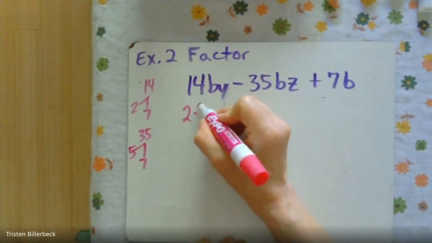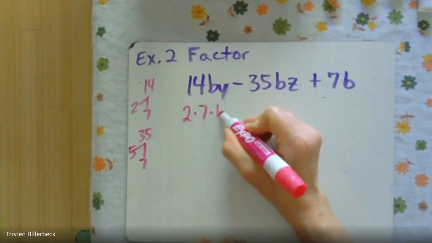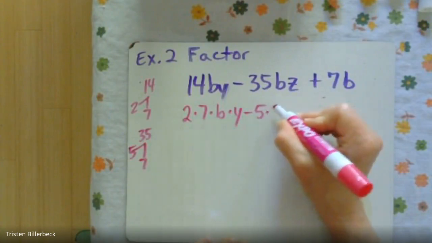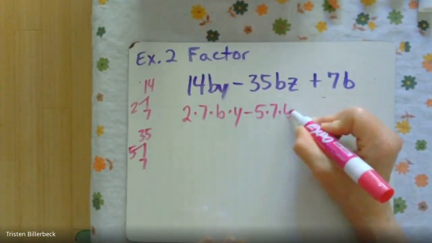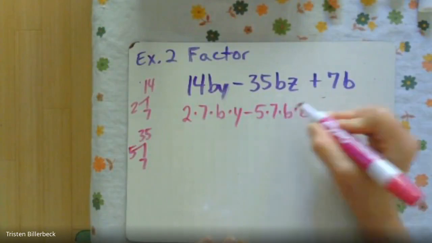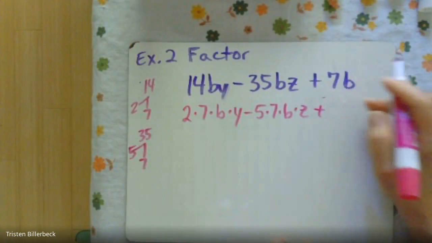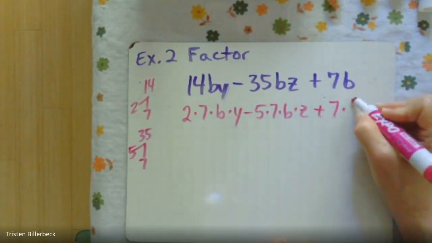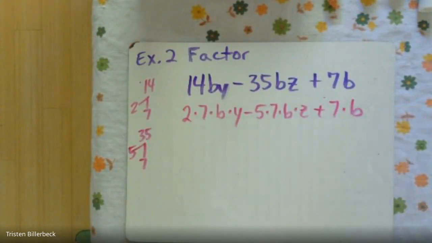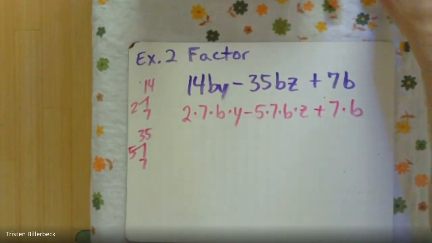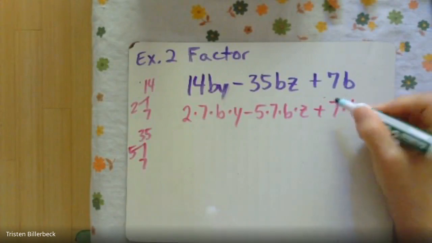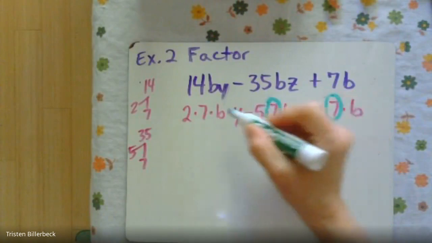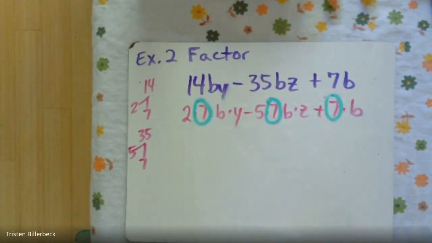So we have 2 times 7 times B times Y minus 5 times 7 times B times Z, plus, and then this is 7 times B. Now we look at what they have in common. They each have a 7, so we're going to take that 7 out. But wait, we're not done.